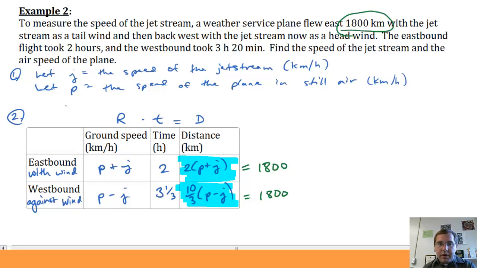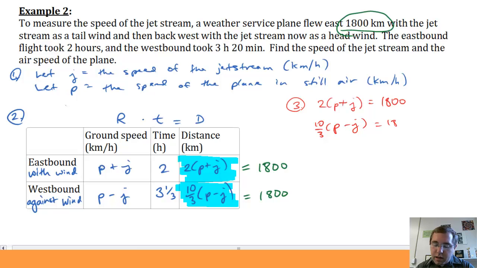That will give us two separate equations, both involving the same variables, and we'll be able to solve it. So let's write our equations. We've got 2 times P plus J equals 1,800, and 10/3 times P minus J equals 1,800.